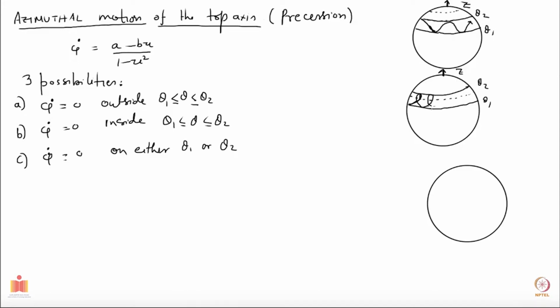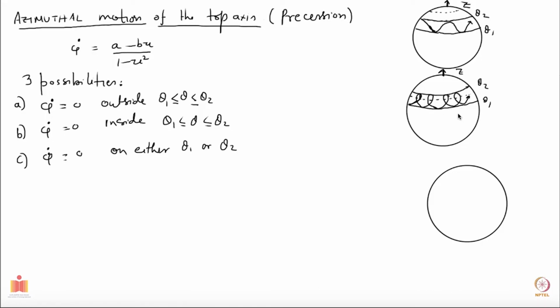The same thing repeats. The slope becomes 0 at this point, then the direction of phi becomes opposite, and then it goes again like this. So that's the way the axis of the top is going to move.